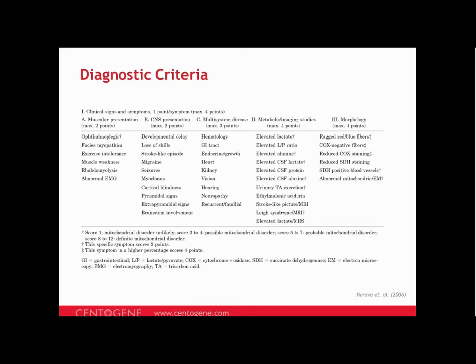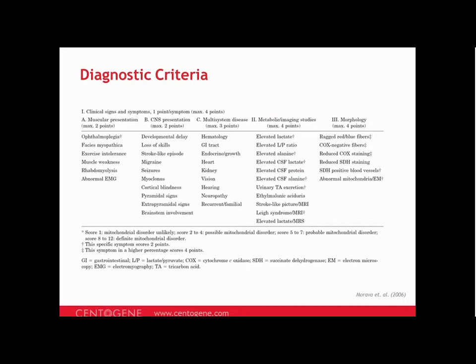Leigh syndrome specific MRI findings, summarized as striatal necrosis or striatal hyperintensities, mainly focused at the ganglionic level. Also abnormal mitochondria on electron microscopy or SDH positive blood vessels should be taken into consideration.